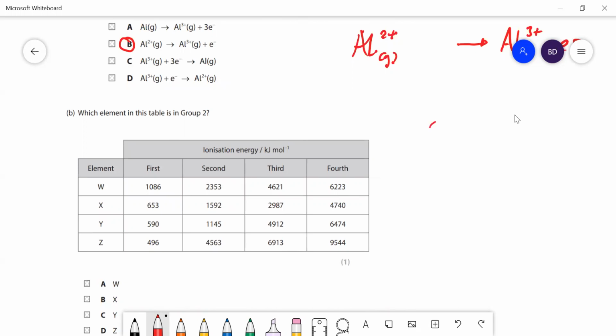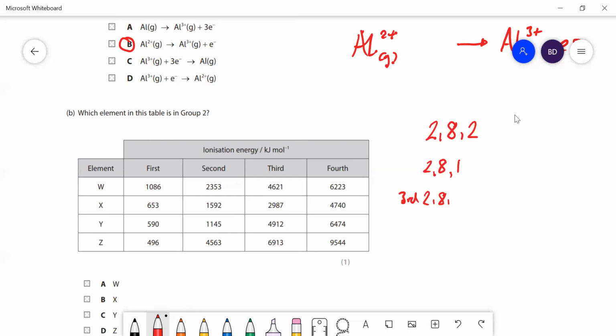If you've got, say, magnesium, which would be electronic structure 2,8,2, the first one would make it 2,8,1, and the second 2,8, and the third 2,7. So this third ionization energy would be much bigger than the other two because you're removing it from the second quantum shell rather than the third shell. So we're looking for a jump after 2.